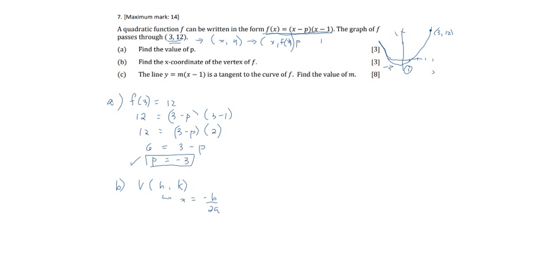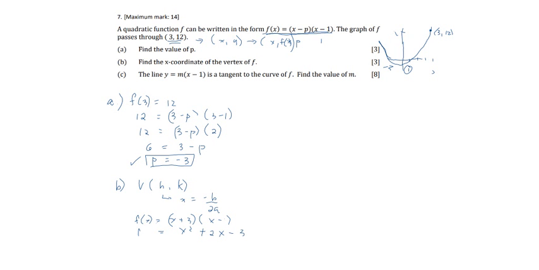Our f of x is equal to (x plus 3), where one of the roots is negative 3, and (x minus 1), where one of the roots is 1. And this gives us an equation which is x squared plus 2x minus 3.